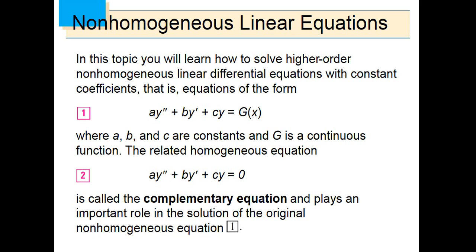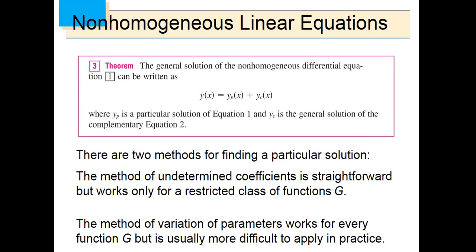The complementary equation will yield the roots, just like the way we have done it with the homogeneous higher order differential equation, and the roots will tell you the form of the complementary solution. That's just one part of the solution.